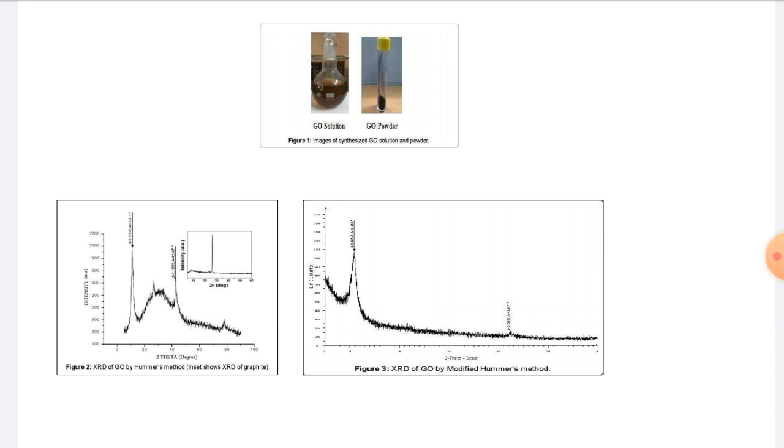The first figure shows the image of synthesized graphene oxide solution and powder. Figure 2 shows the intensity versus theta graph of XRD of graphene oxide by Hummers' method. Figure 3 shows the XRD of modified Hummers' method.